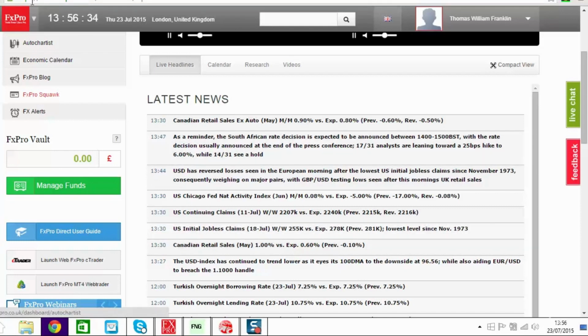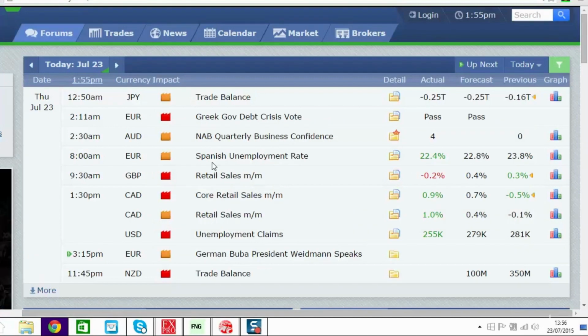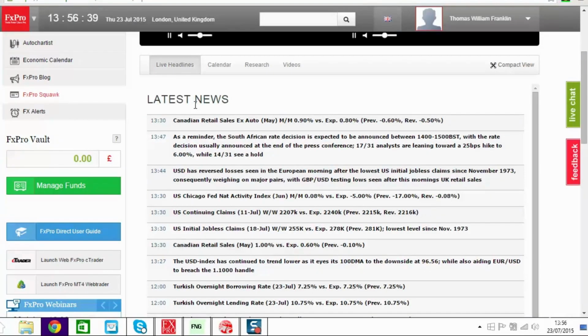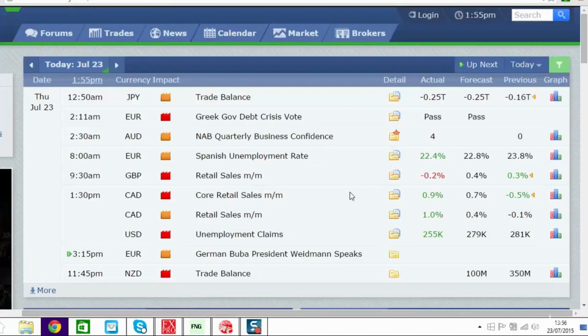Now, why did I place the dollar against the pound and the yen? Well, firstly, the pound. The pound was chosen because this morning we had some very, very bad data out of the UK. So retail sales from the UK came in at minus 0.2 versus an expected 0.4.